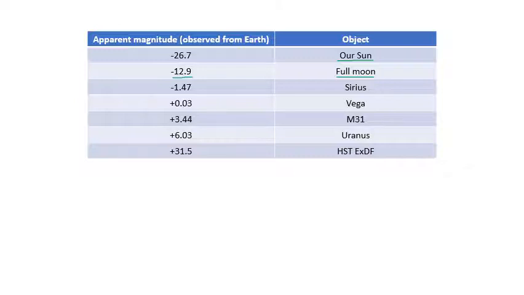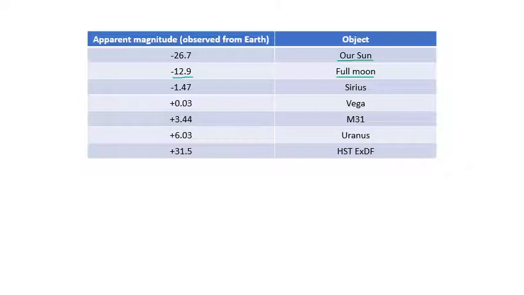And you'll notice that as the objects are getting dimmer, as they're getting less bright, the value of the magnitude is going up. So the scale that astronomers use for magnitude is backwards. Okay, smaller values are brighter, larger values are dimmer.